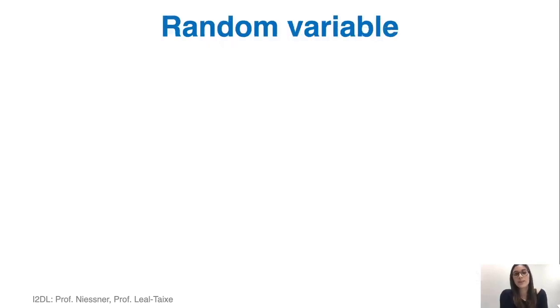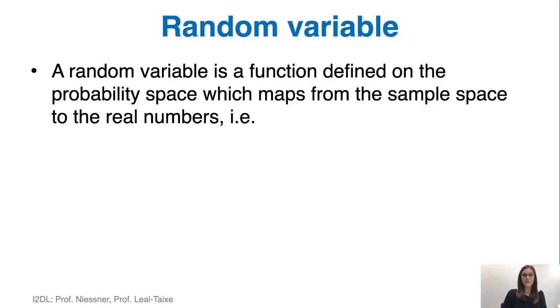Okay, so I said random variable. What is a random variable now? A random variable is a function which is defined on the probability space, this tuple of 3 elements, and it's a mapping from the sample space to the real numbers.